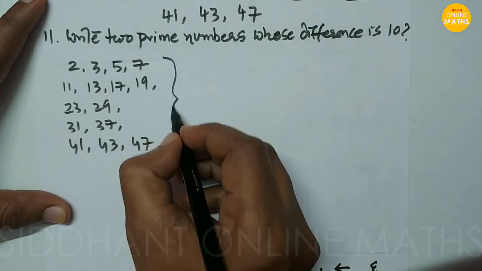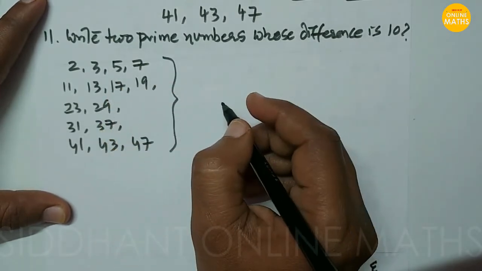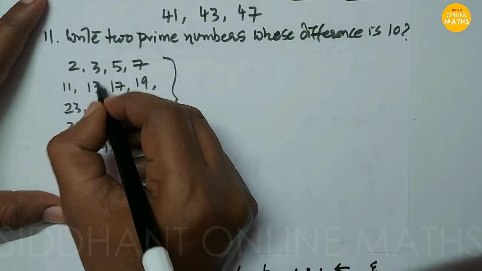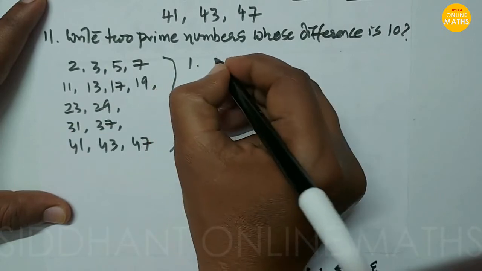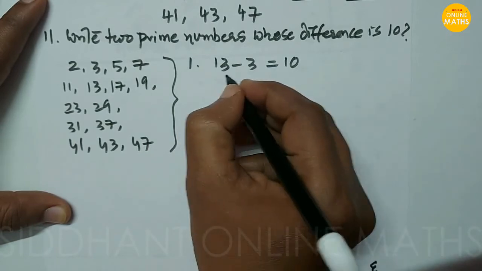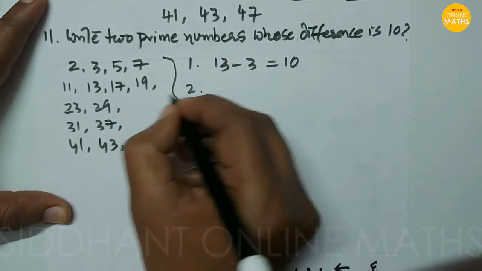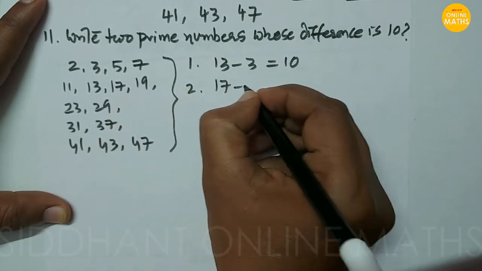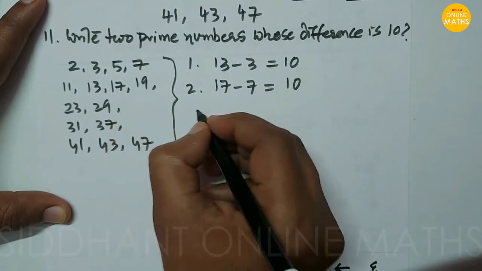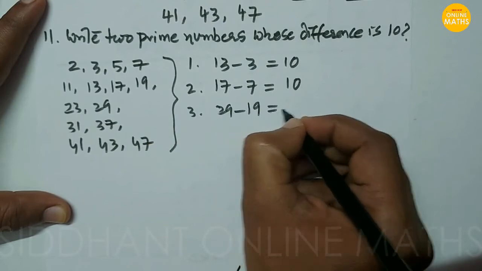Here we are going to select any two numbers such that the difference will be 10. See here 13 and 3. This is the first pattern: 13 minus 3, you get 10. So 13 and 3 are two prime numbers whose difference is 10. Next will be 17 minus 7, that will be 10. And next 29 minus 19, the difference is 10.